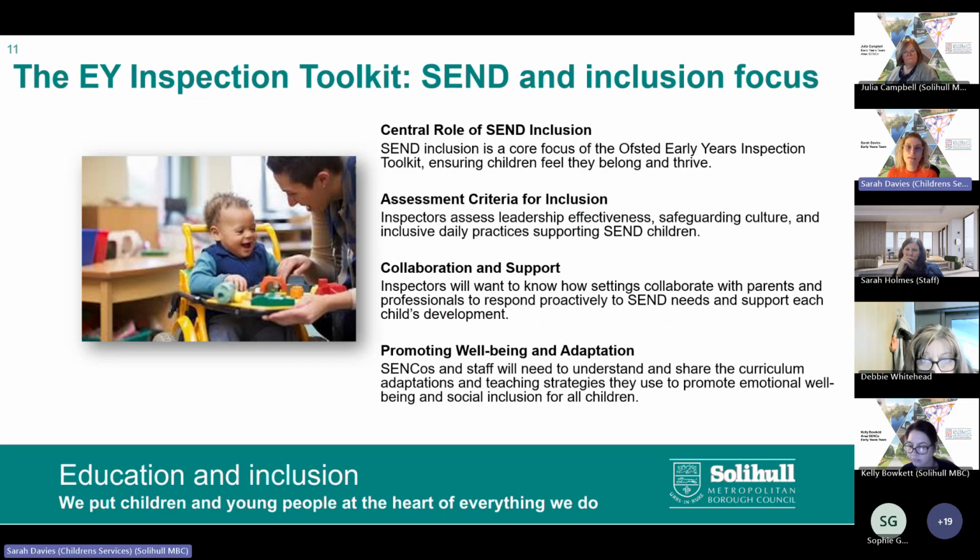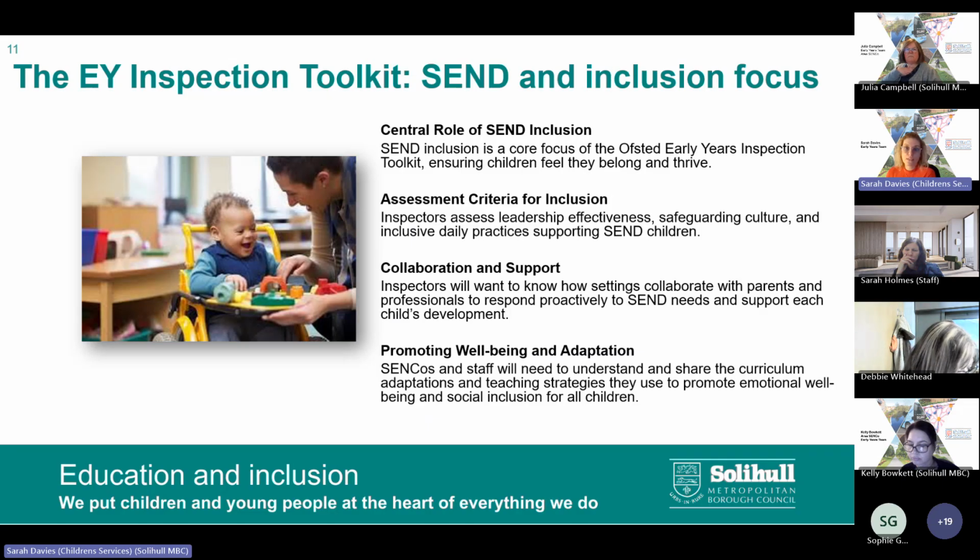So going back and thinking more about that golden thread of inclusion again, inspectors will look at leadership, safeguarding culture and daily inclusive practices. They'll want to see how you collaborate with parents and professionals and how you adapt your curriculum and teaching strategies to support emotional well-being and social inclusion.